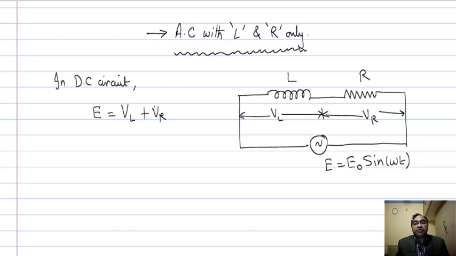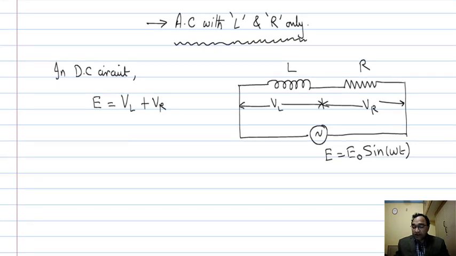So, the question arises, why? The reason is, if we recollect the previous discussions, in the case of a resistance, the potential drop across the resistor is in the same phase as the current.